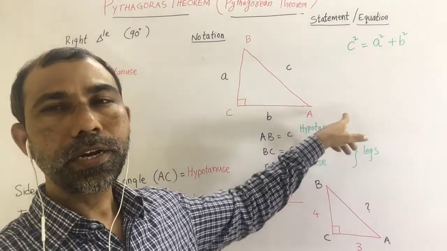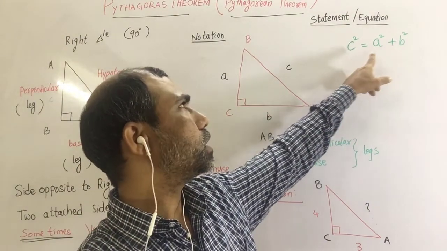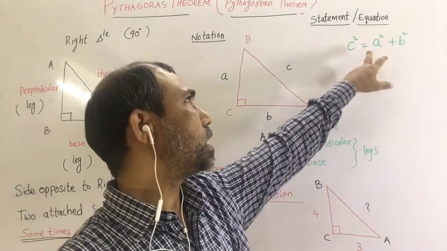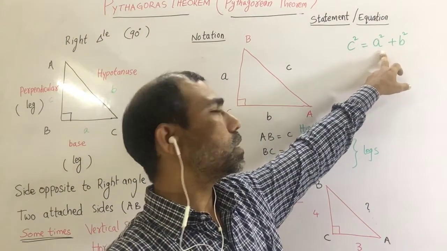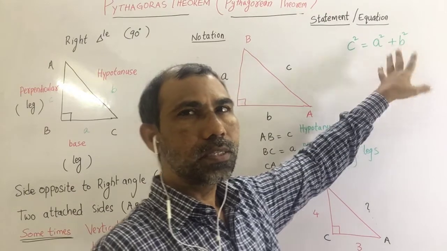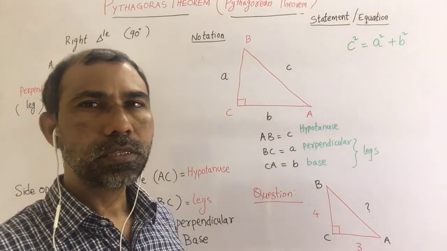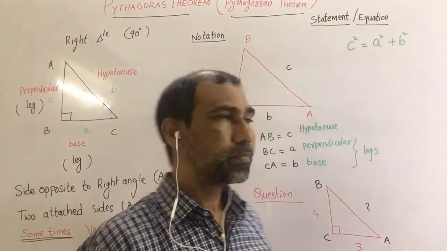Then you can write that relation in the form of the equation c squared is equal to a squared plus b squared. c is the hypotenuse and c squared is the sum of the squares of the two legs. This is the Pythagoras theorem, also known as the Pythagorean theorem.